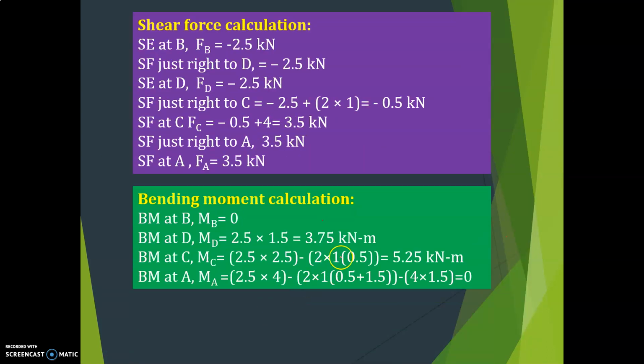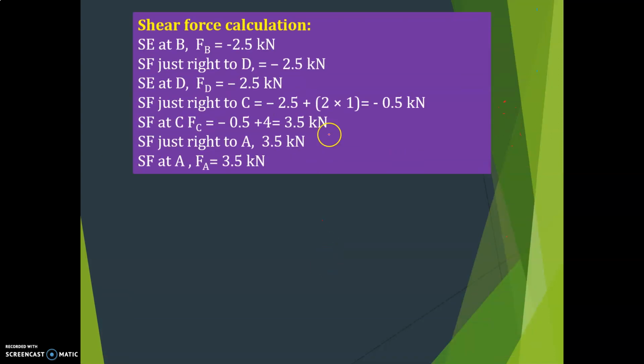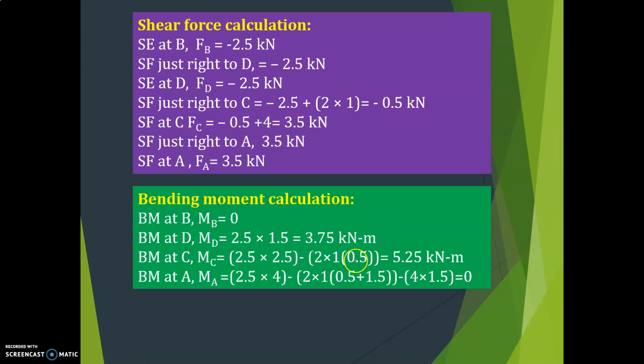Right? 2.5 into 2.5, 1.5 plus 1, minus 2 into 1 into half of 1, that is 0.5. Okay, so you get 5.25.